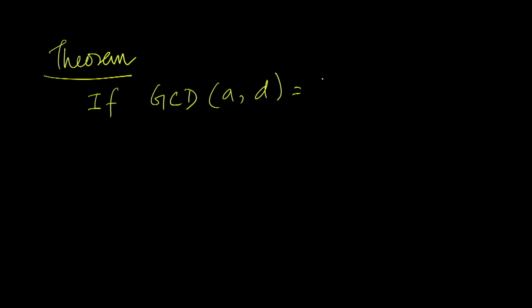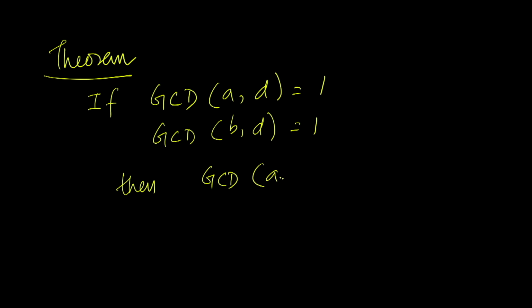Yet another theorem: if GCD of A and D is 1 and GCD of B and D is 1, then GCD of AB and D is 1 as well.